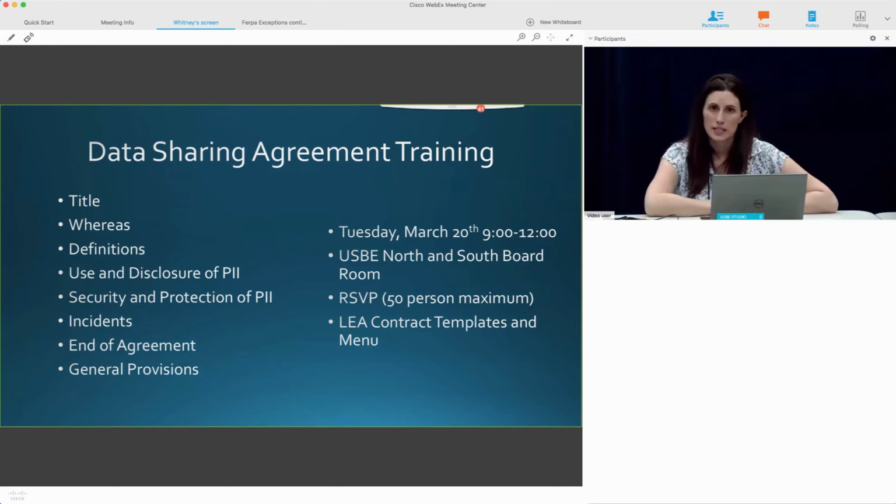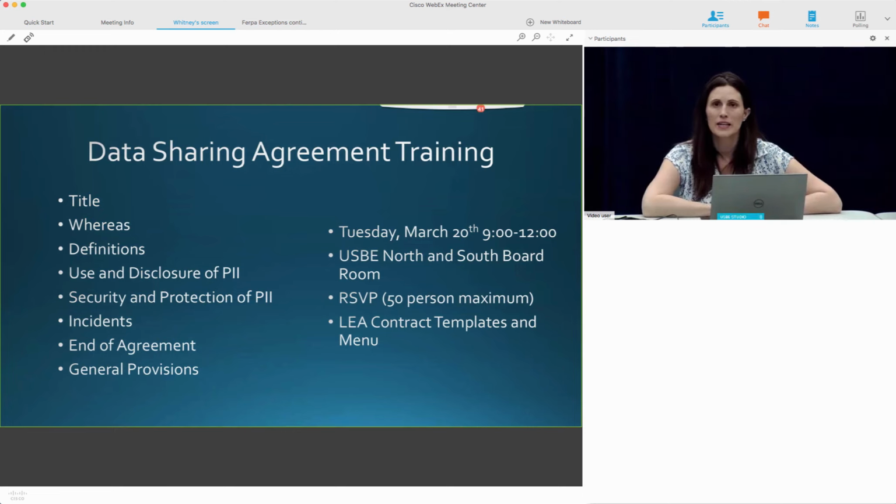So if you would like to come, let me know sooner rather than later. We've told a few groups about this, but this is for anyone who's interested in data sharing agreements with other agencies and organizations like United Way, and researchers, and how to best write that agreement.